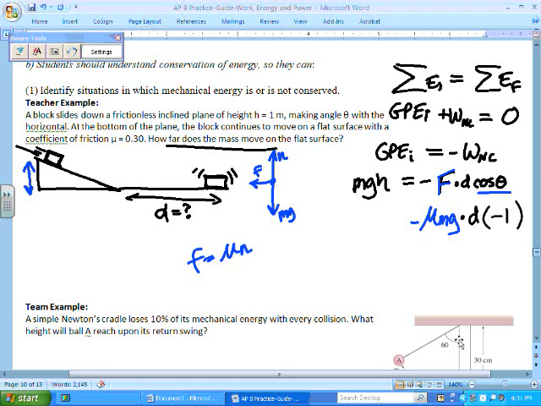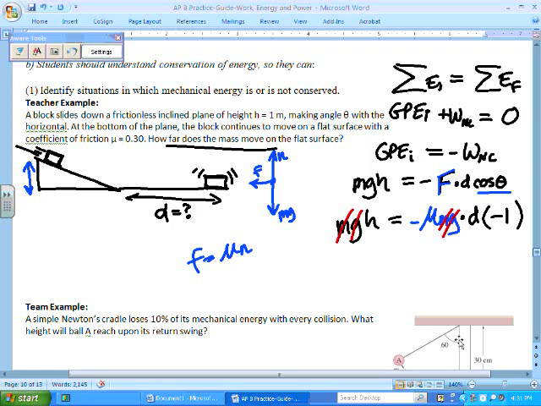So again, your negative signs get deleted there. So then we've got mgh equal to mu mgd. And you've got m on both sides, so it's not going to matter. Isn't that pleasant? And you also have g on both sides in every term, so that's going to cancel as well. And so then our algebra becomes easy.